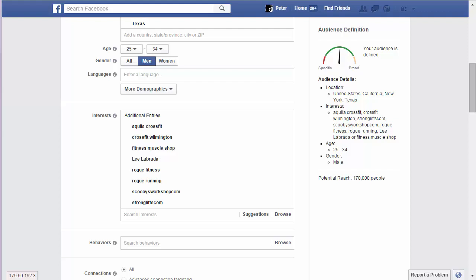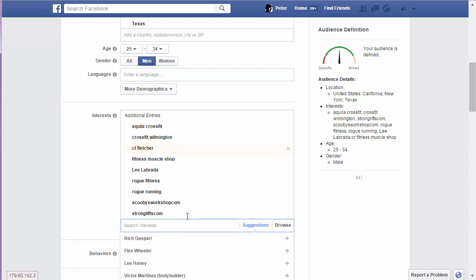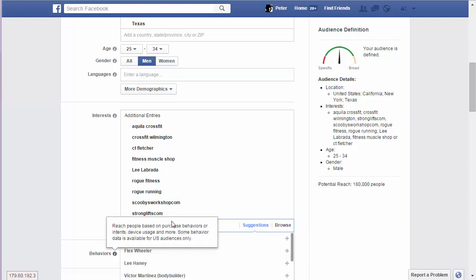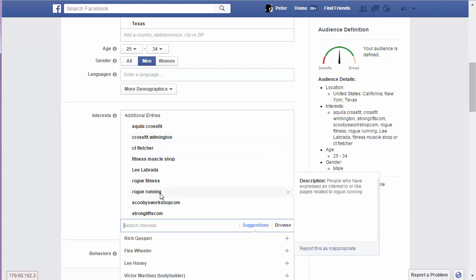But I can put my other ones back in. So CT Fletcher, we liked him. That added about 10,000, and then this celebrity, she added about another 10,000 as well. Where did she go?